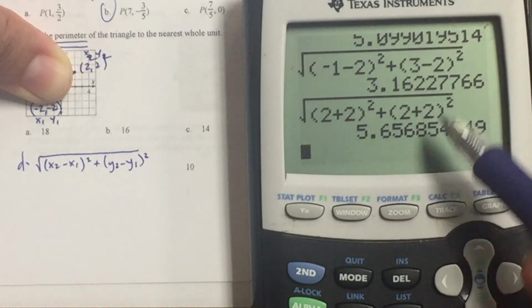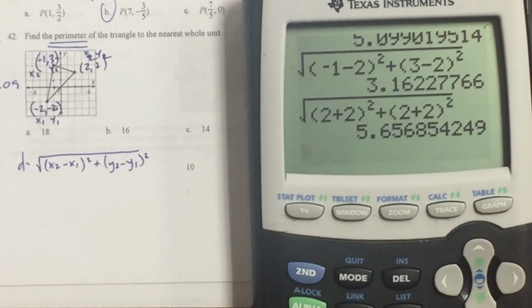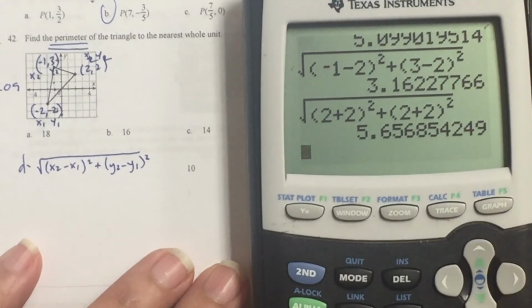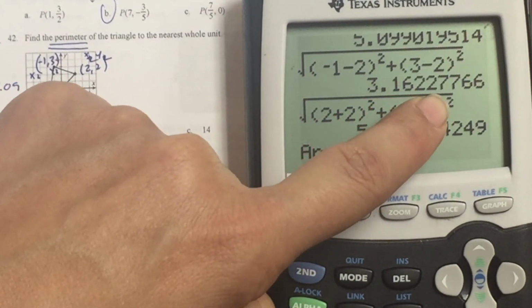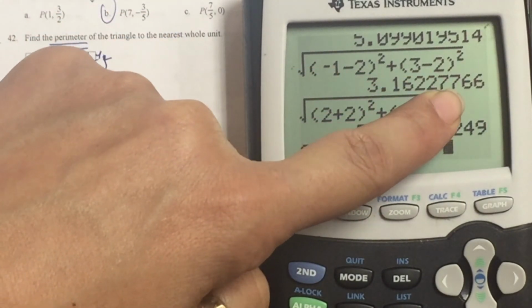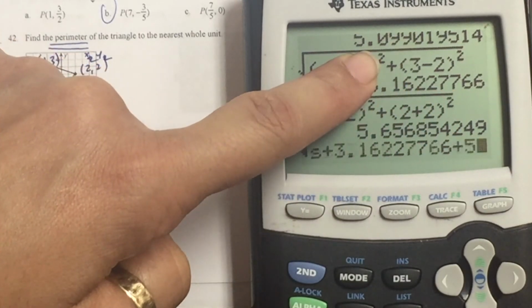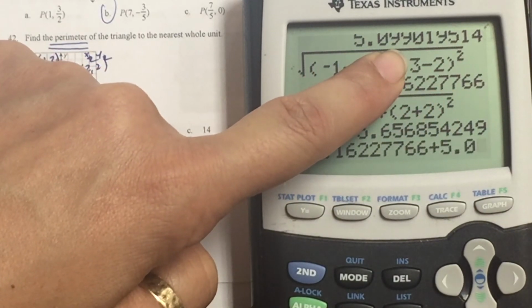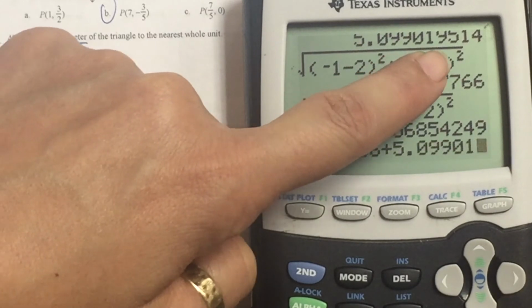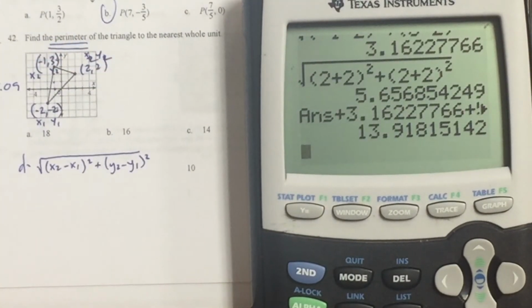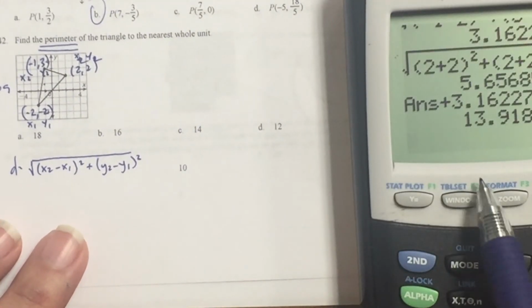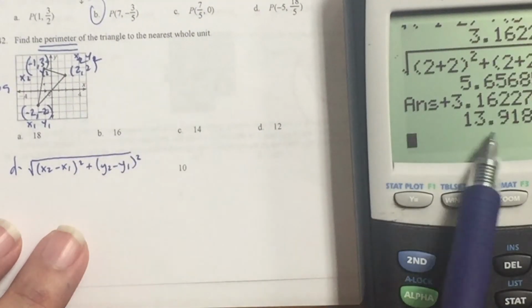All right, so the perimeter is when you add all these distances up: 5.099019514 plus 3.16227766 plus 5.099019514. That's 13.9, which rounds to the nearest whole unit, 14.